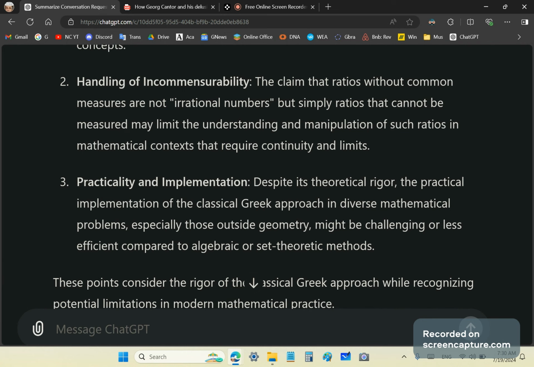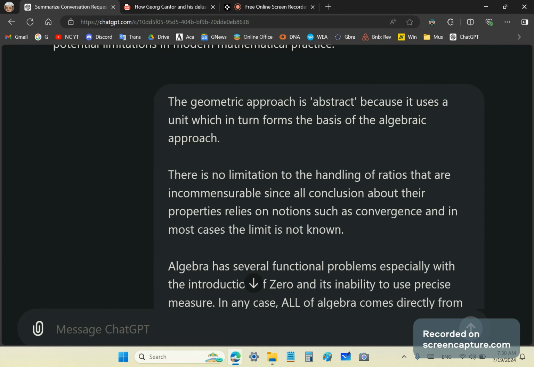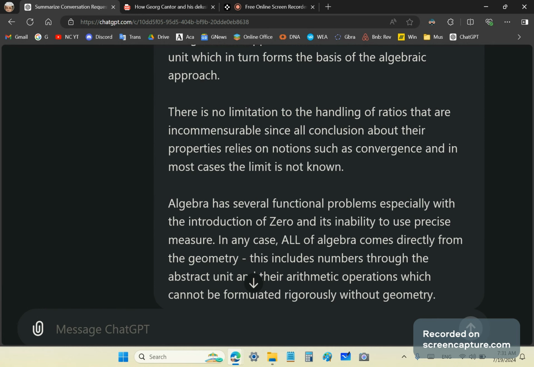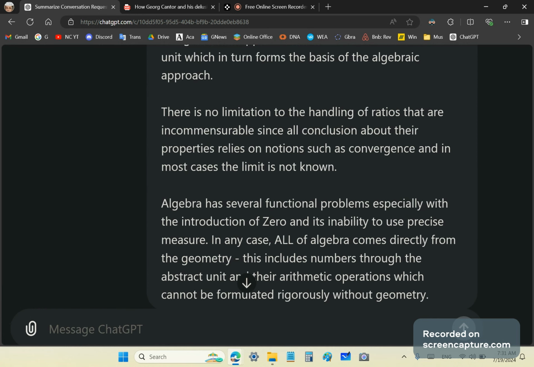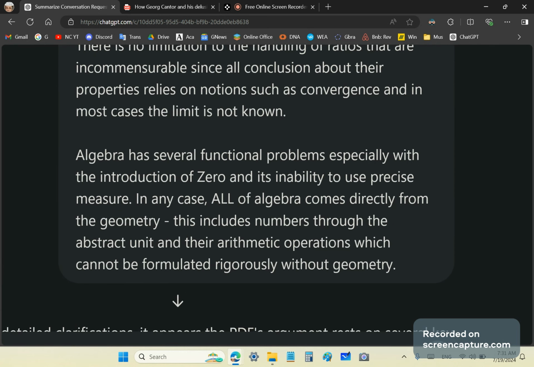So I address these points, and basically the geometric approach is abstract because it uses a unit which in turn forms the basis of the algebraic approach. And there's no limit to the handling of ratios that are incommensurable, since all conclusions about their properties rely on notions such as conversions, and in most cases, the limit is not known.